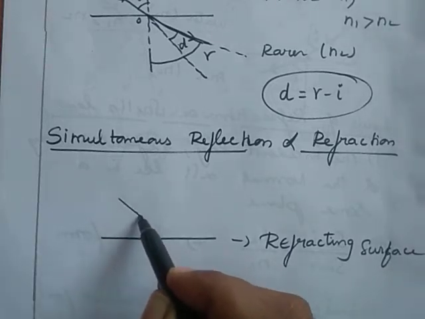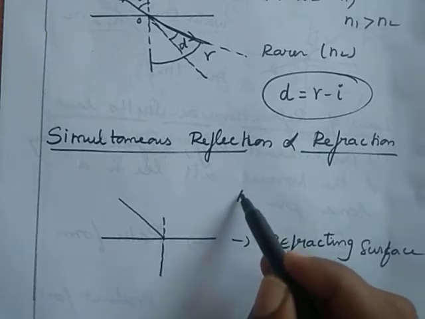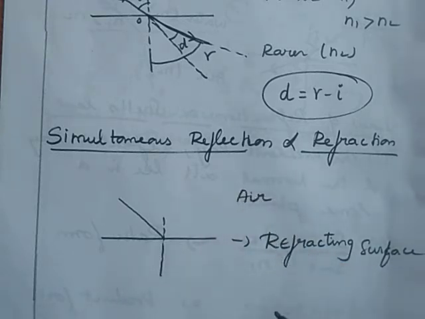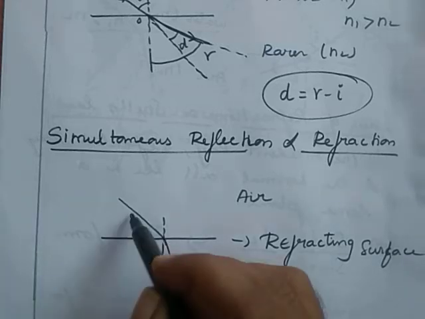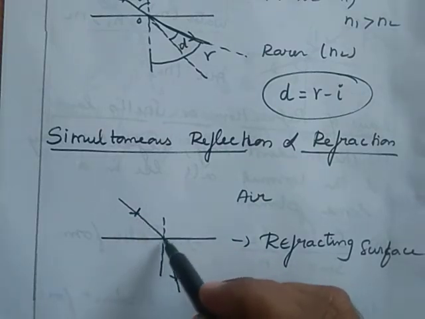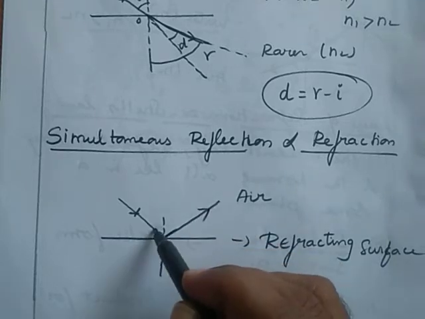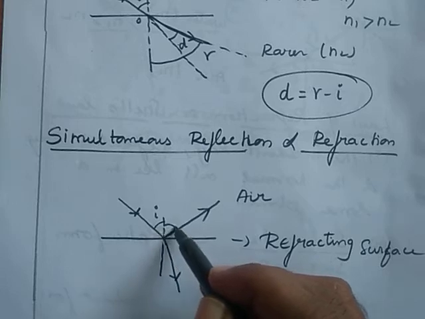Here I consider a refracting surface. Here there is an incident light. It is a normal. I consider this one is air medium and this one is water medium. So it will bend towards the normal. Incident light, refracted light. Here there is also some reflection. This is i, this also i.